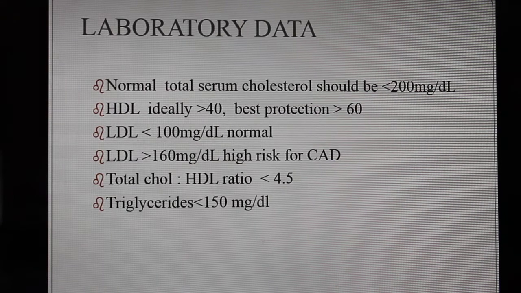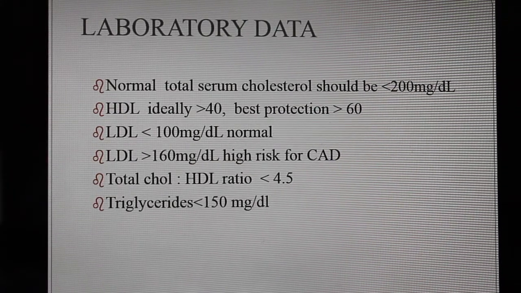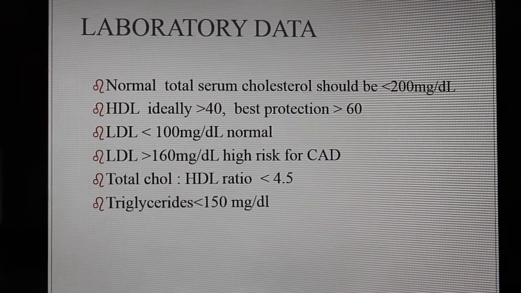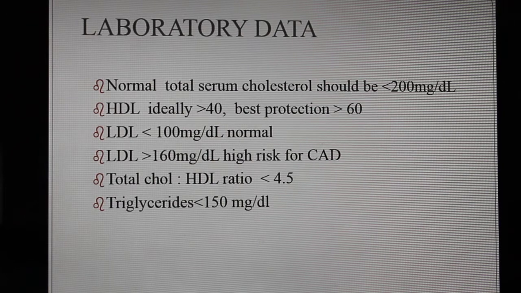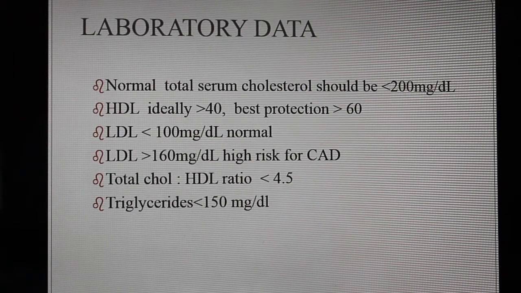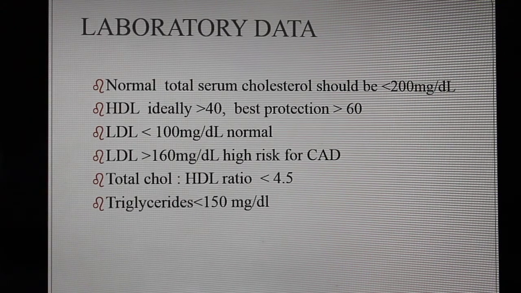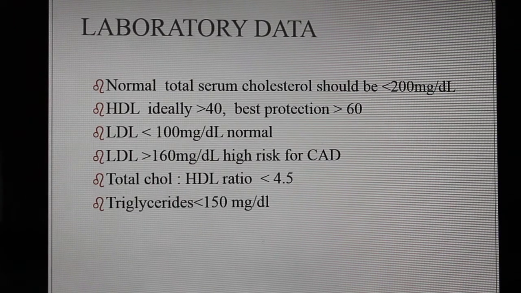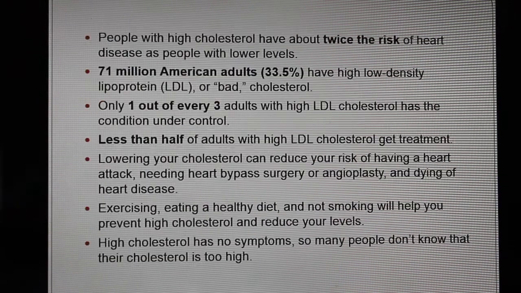LDL greater than 160 is a high risk for coronary artery disease. Your total cholesterol to your HDL ratio should be less than 4.5. Triglycerides should be less than 150. Okay, those are standard. Those you will want to commit to memory. Those are your typical labs for cholesterol.